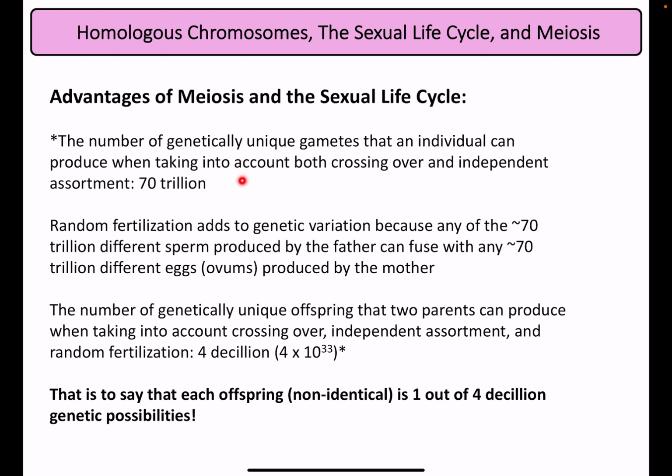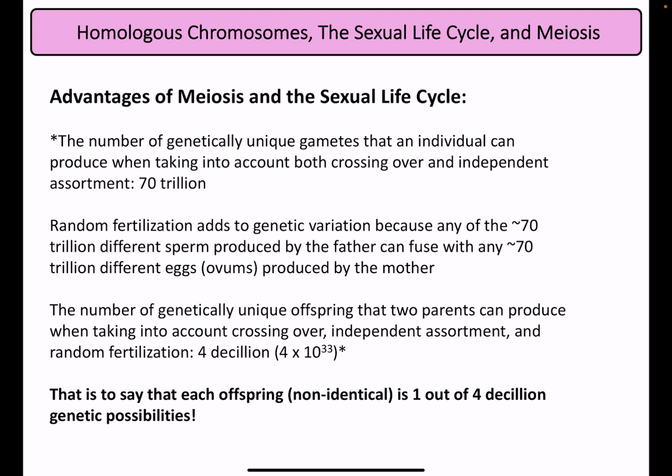Taking into account the randomness of both independent assortment and crossing over makes it so that each individual, each human, can produce 70 trillion different genetically unique types of sperm or egg. 70 trillion.